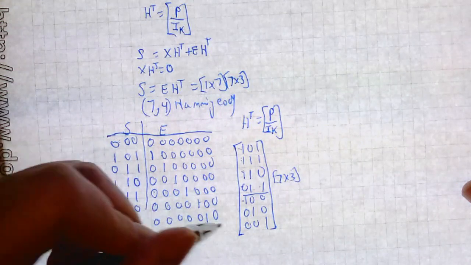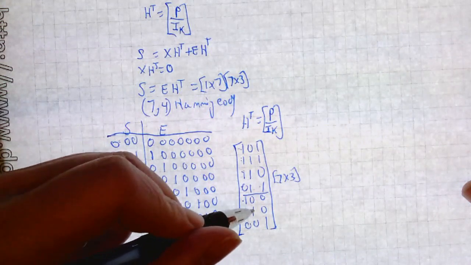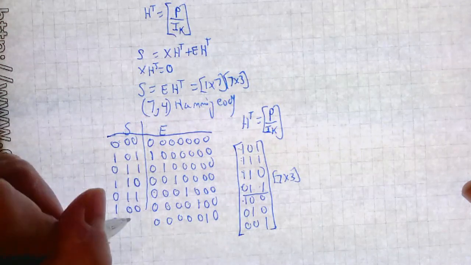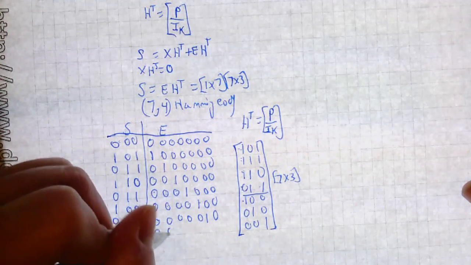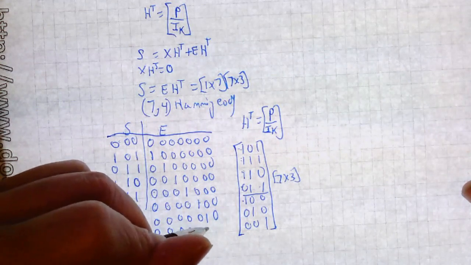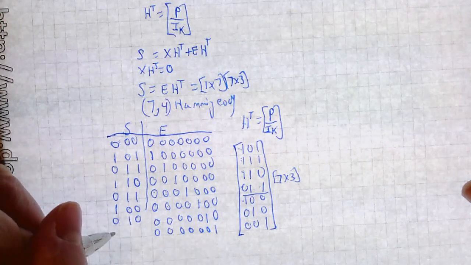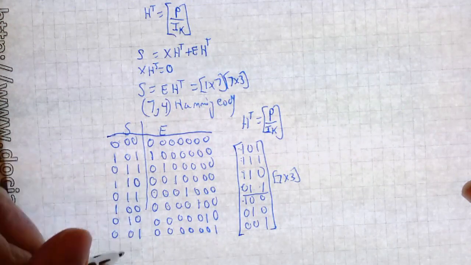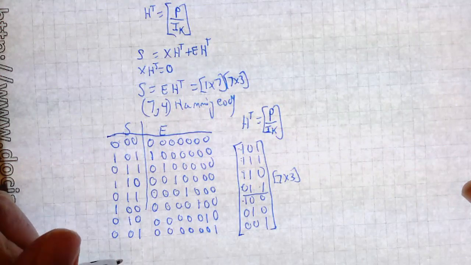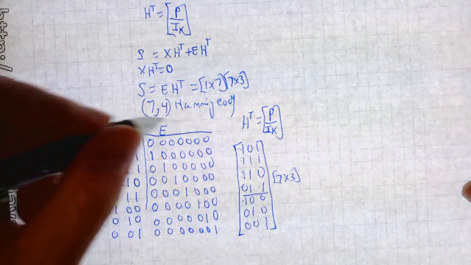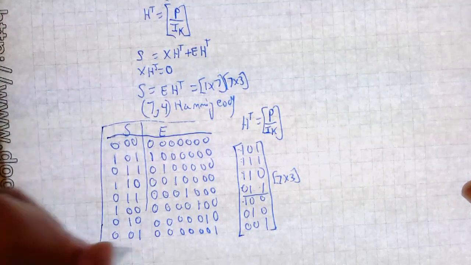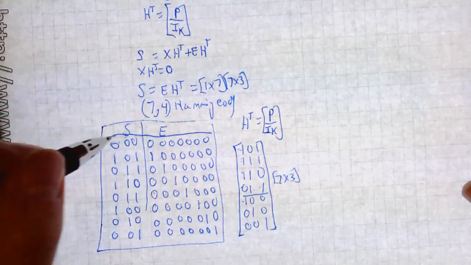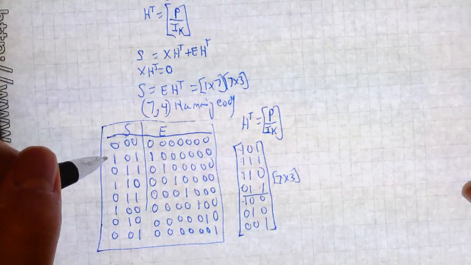And that's going to be 0, 1, 0. And that's going to be 0, 0, 1. And that gives us a syndrome.